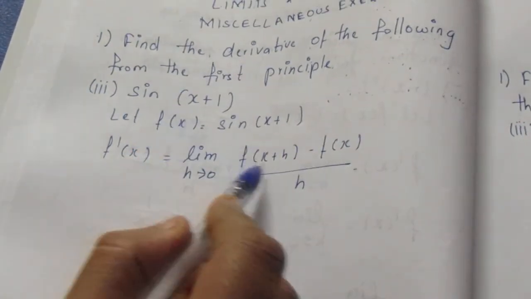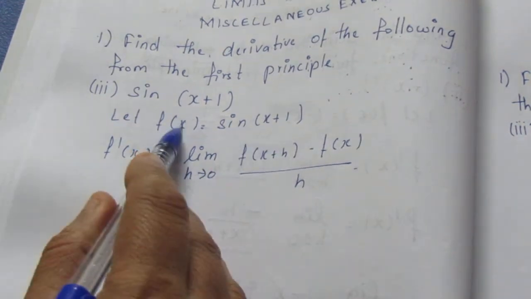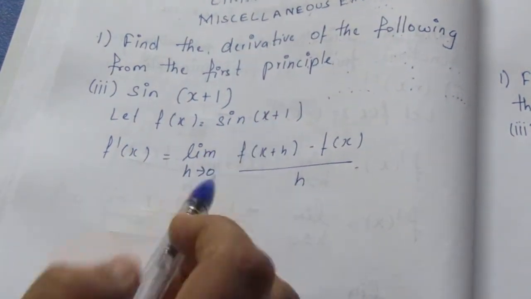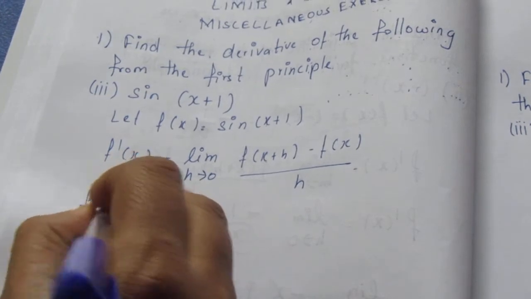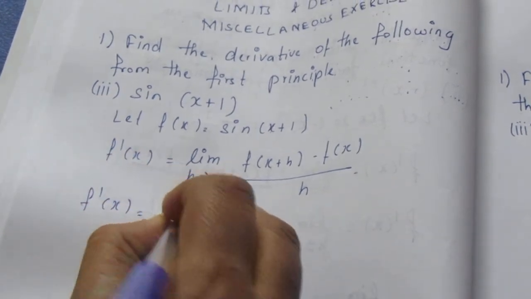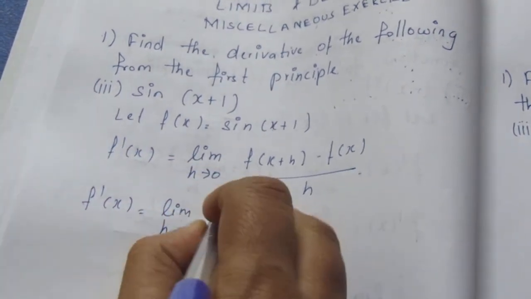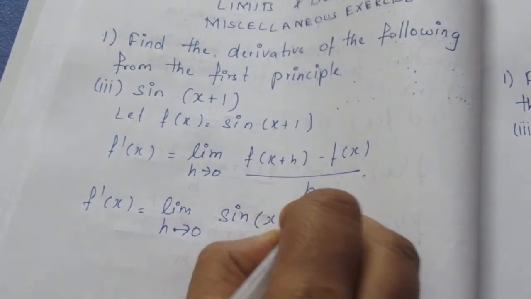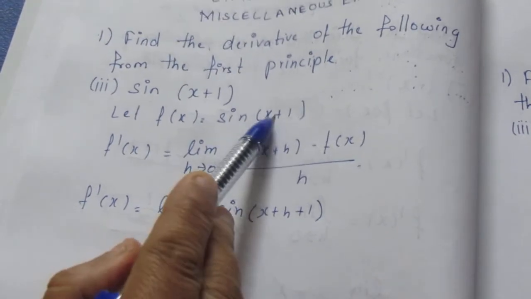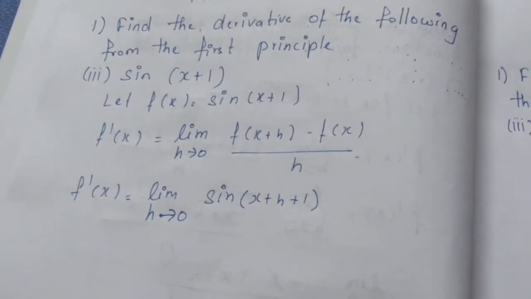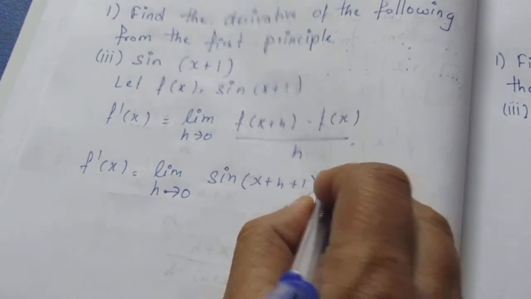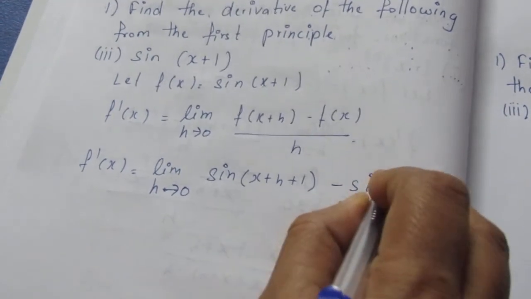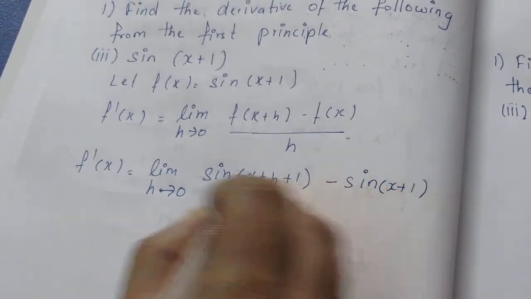In the place of x we have x plus h, so substitute the value x plus h here. So f dash of x is equal to limit h tends to 0 sin of x plus h plus 1, instead of x we are substituting x plus h, plus 1 minus sin x plus 1, f of x, by h.